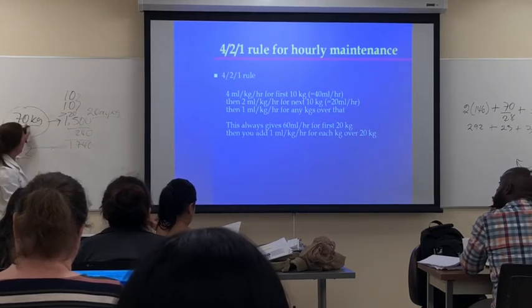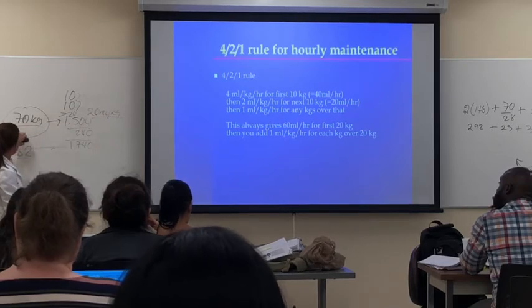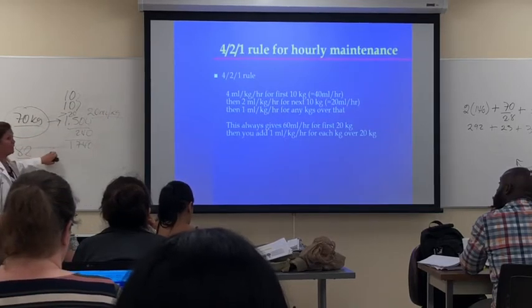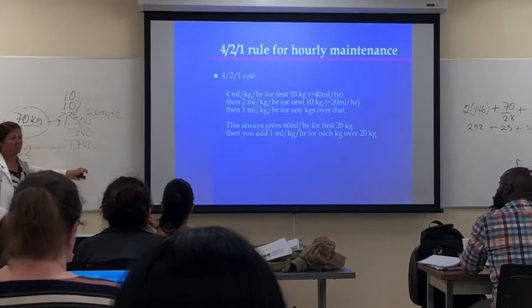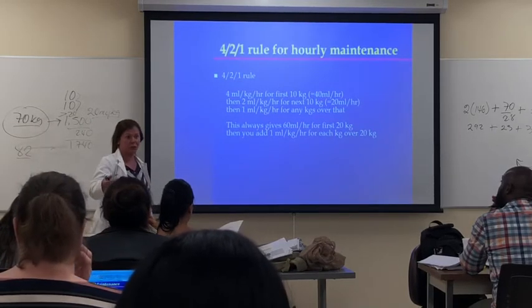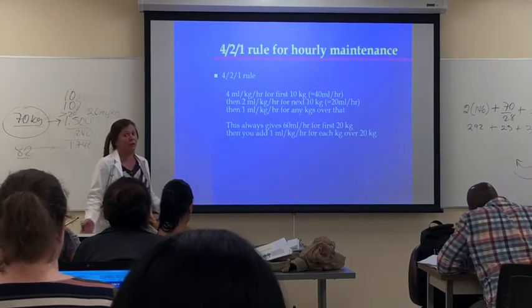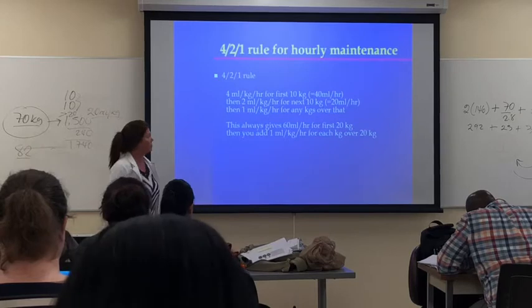We have 1,500 for 70 kilograms, I have 12 more, and 12 times 20 gives you the excess. That's one way. Easier is coming now, and even easier later, but I have to make you aware of the Holliday-Segar calculation.